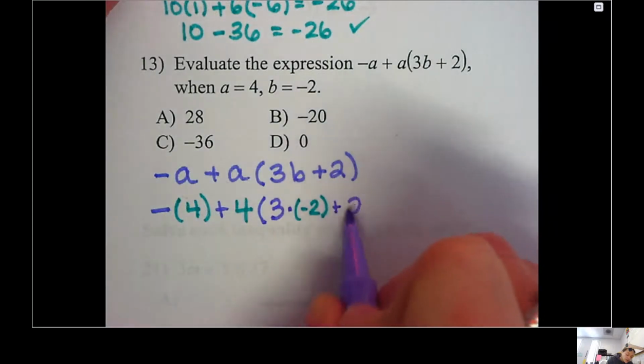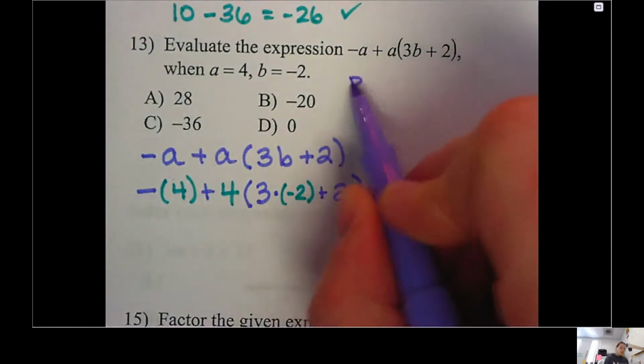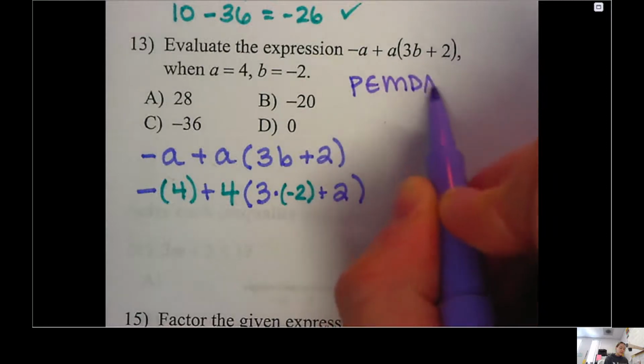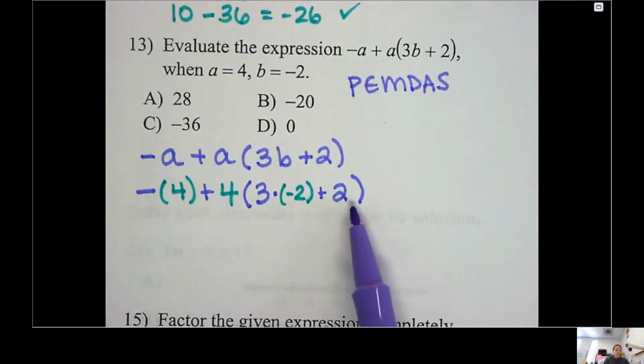plus 2. Now, this one is a little daunting, I guess, because there's more negative signs, there's more parentheses, but we're still just going to follow the order of operations. And remember, order of operations is please excuse my dear Aunt Sally. So the first thing I always want to do is get rid of my parentheses, okay? So here's a set of parentheses right here.